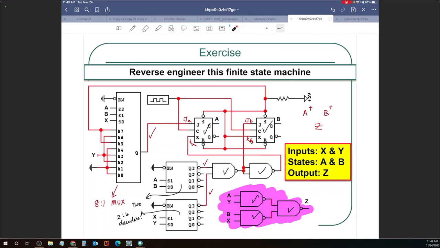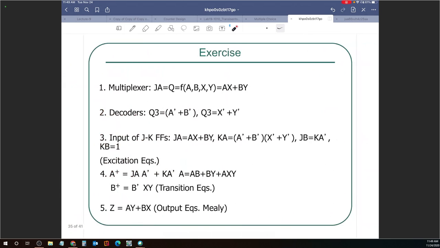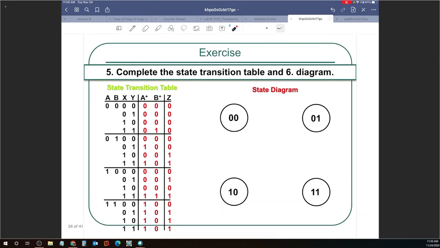So I hope that you are able to look at this design. These are available on these slides. If they are not available on Piazza, I will make them available very shortly. But you should try to see if you can get these results. Once you get these results, then from the state transition table, try to draw the state diagram.